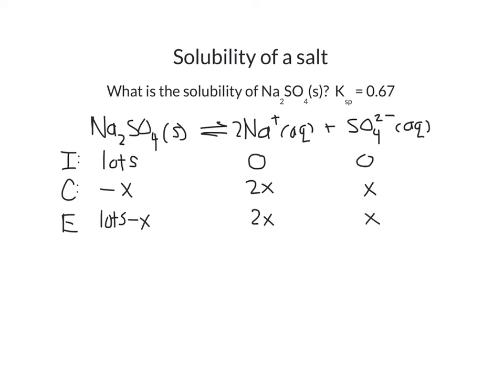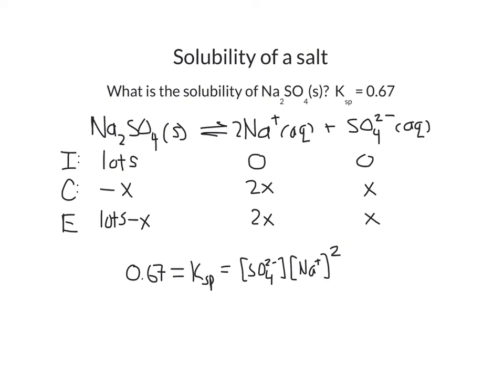Now, I know that my KSP value is 0.67, and the expression for KSP for this reaction is the sulfate concentration times the sodium plus concentration squared, because I have 2 sodiums for every 1 sulfate.